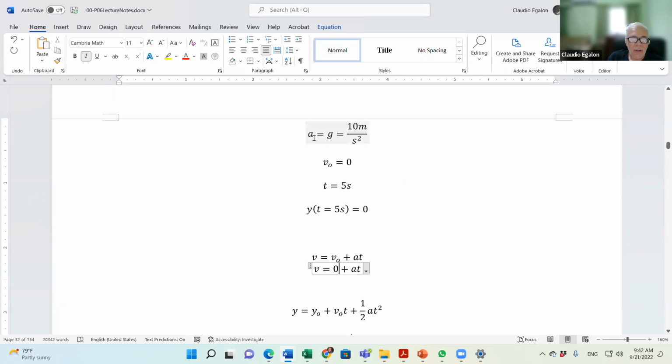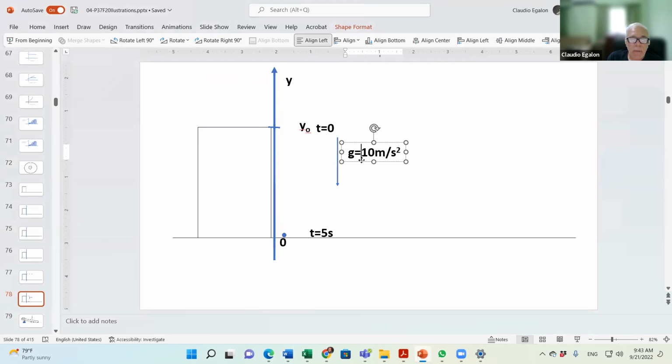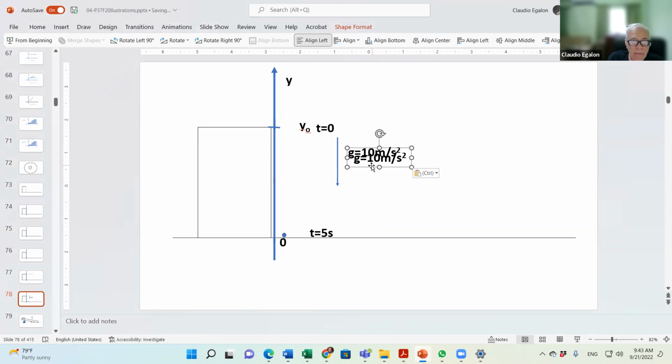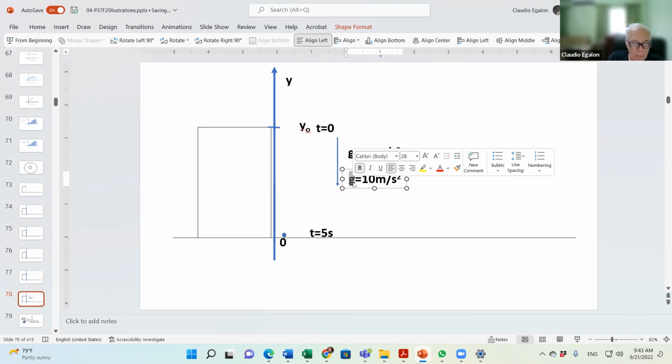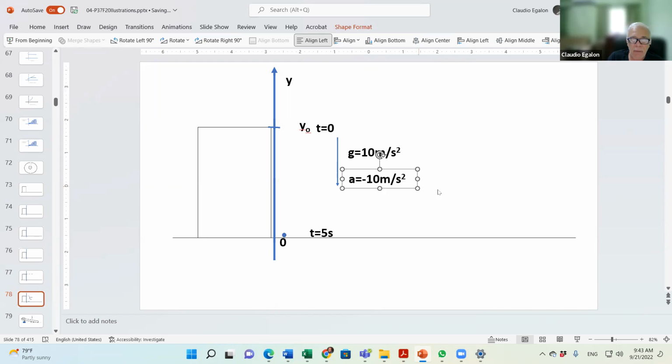Because the acceleration is downwards and my axis is pointing upwards, the acceleration should be written as minus 10 meters per second squared.